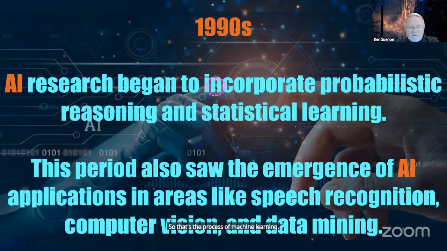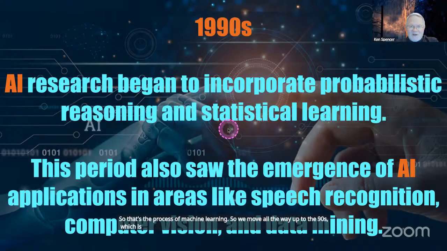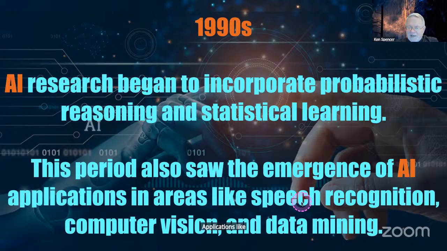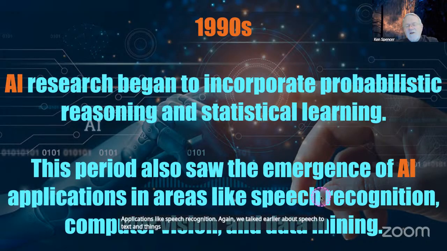So we move all the way up to the 90s, which is 35 years ago now, and applications like speech recognition. Again, we talked earlier about speech to text. In the early days, I remember we all had TomToms in our cars.